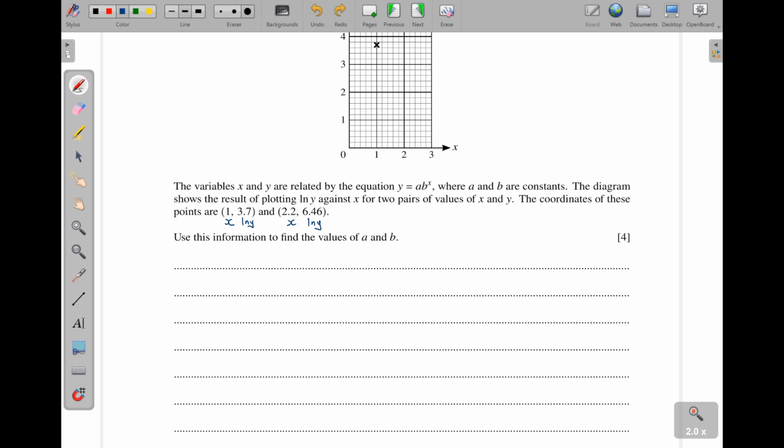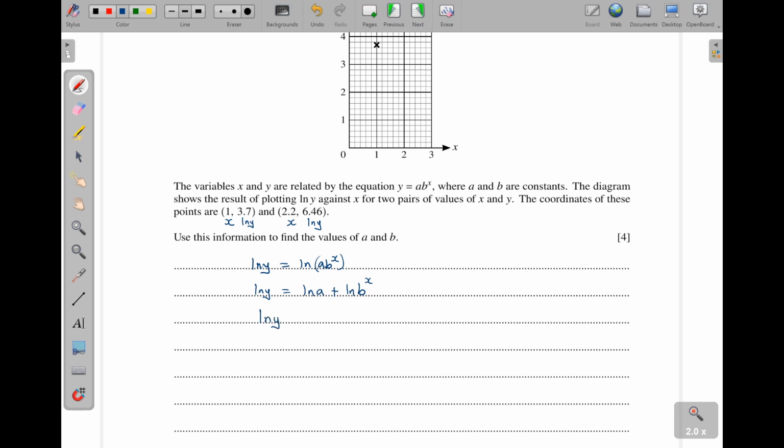So we can have natural log of y, which is equal to the natural log of ab to the power of x. Now since this is multiplication of the powers, this comes from addition of logarithms to the same base. So we shall have natural log of a, plus the natural log of b to the power of x. Again, this one can drop down using the rules of indices, rules of logarithms.